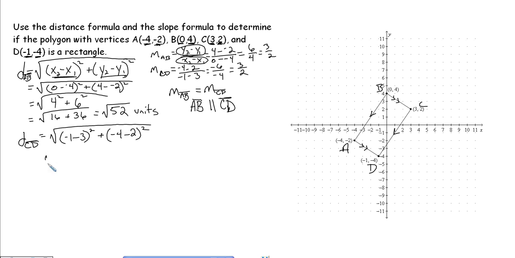We now find we have the square root of negative 1 minus 3 is negative 4, plus negative 4 minus 2, which is negative 6. Notice I'm leaving these values in the parentheses.